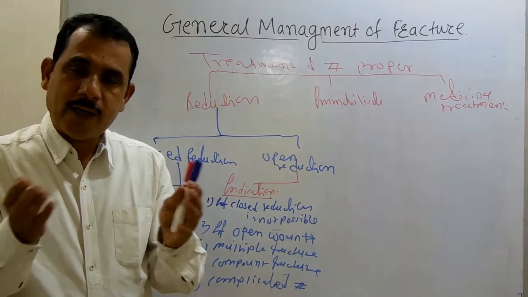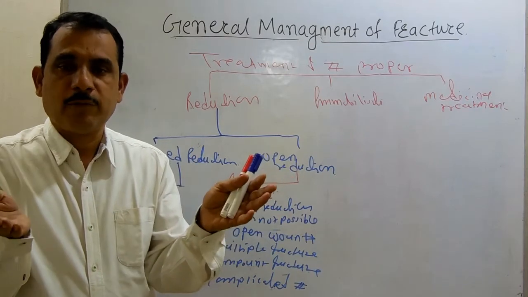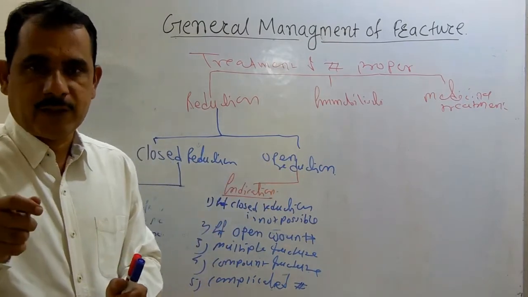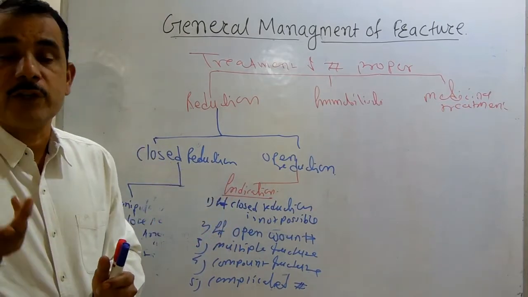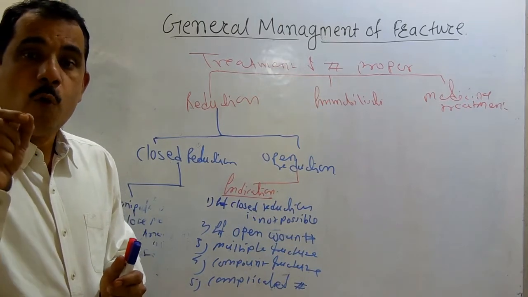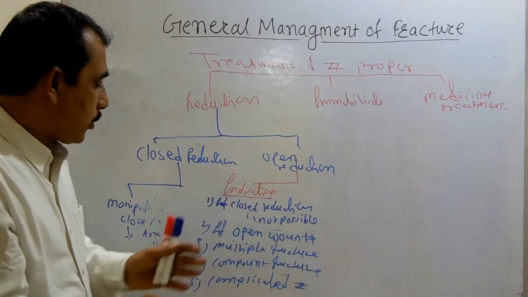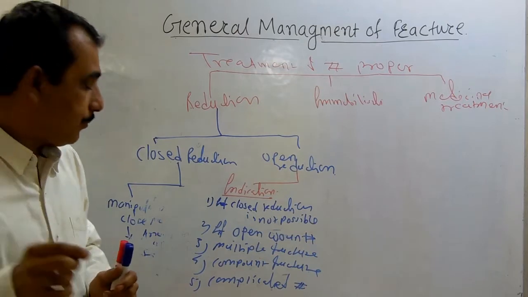And as an open wound is already there, you can make the approach by dissecting the further tissue and directly viewing the site of the fracture. Here we should not be thinking about getting infection, because the wound is already open. So we can further expose the bone and reduce the fracture.